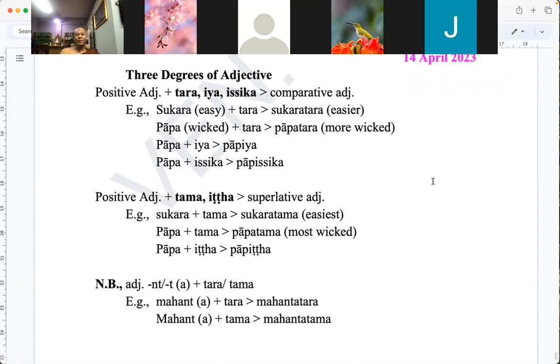In that situation, we base on the sentence structure to recognize its function.